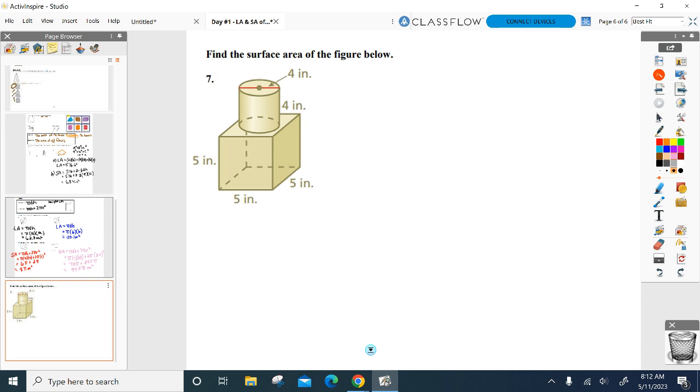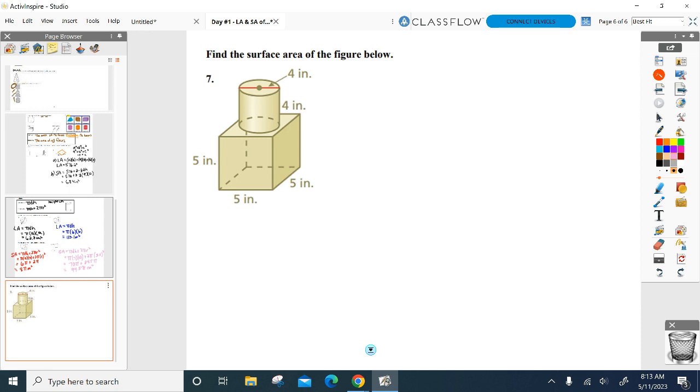Let me give you a more detailed definition of surface area. Surface area, everything on the outside of the figure that's not covered up. So when I do this problem with you guys, it's just not going to be cube plus cylinder and I'm done.